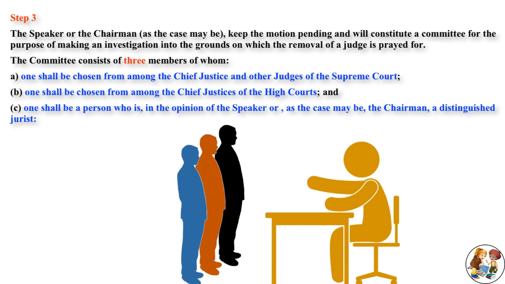B. One shall be chosen from among the Chief Justices of the High Courts, and C. One shall be a person who is, in the opinion of the Speaker or, as the case may be, the Chairman, a distinguished jurist. As you can see in the illustration, the Speaker or the Chairman keeps the motion pending and forms a 3-member committee.